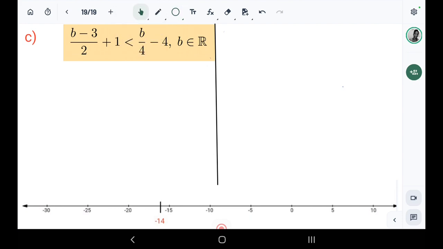Next question, and the last one, is b over 3, b minus 3 over 2 plus 1. This is a fractional inequality. Now, if you've mastered your linear equations, the fractional ones will be easy peasy. Now, step number 1, when you're dealing with fractional equations or inequalities, you find the lowest common denominator.